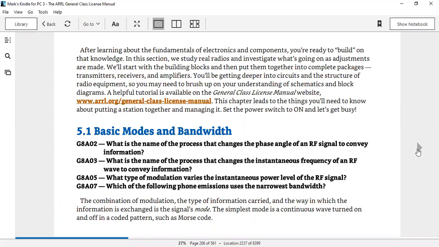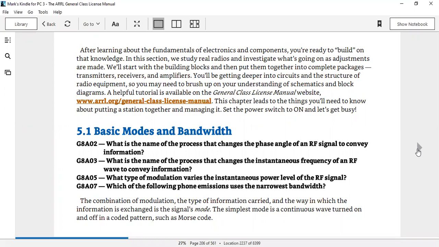So we're just going through the basic one or two line definitions so that the people watching can take their General class license. The process that changes the phase angle of an RF signal is phase modulation.